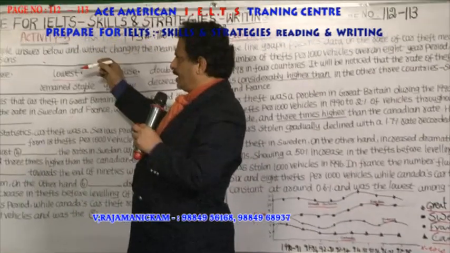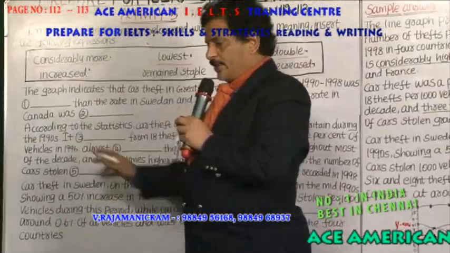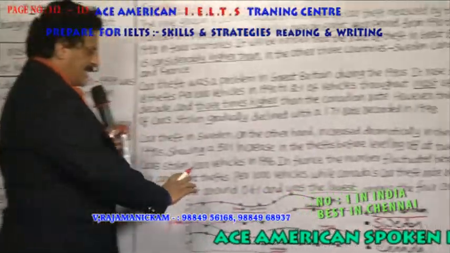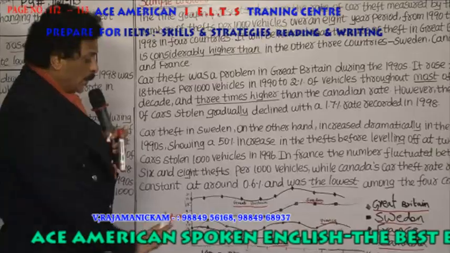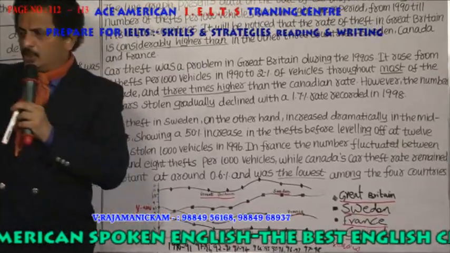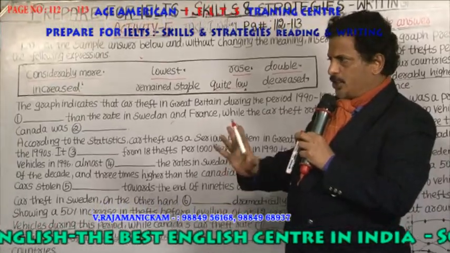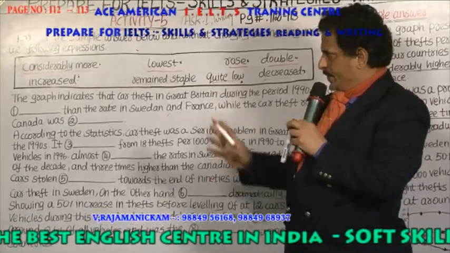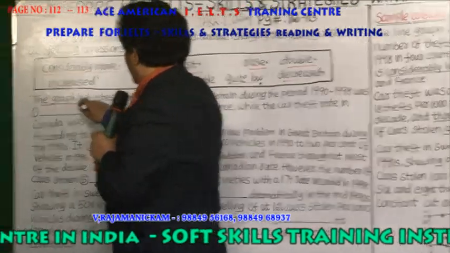Okay, coming here. Now you have to fill the graph. When you see this x-axis and y-axis and the data given, using this data you should be able to form an essay. So what are the trends and changes, and what are the words to be used? See here. The graph indicates, what does the graph indicate?